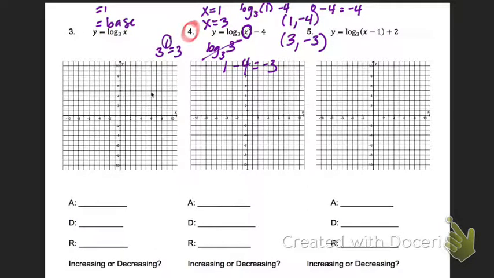So that's why it becomes 1. The log of any base of itself is equal to 1, except the log of 1, which is equal to 0. So my two ordered pairs are (1, negative 4) and (3, negative 3).